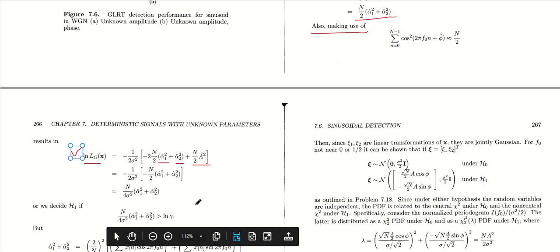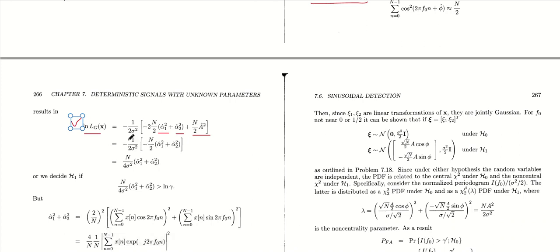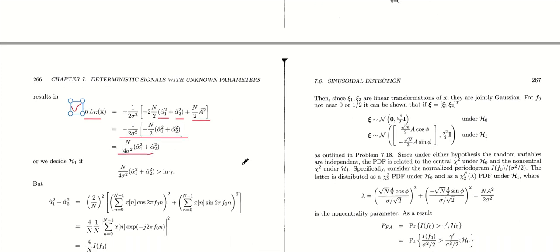And then you continue on with that. You get like this, and then you get that. Okay. And then how come that A squared disappears? Because it's irrelevant in terms of calculating the maximum of this likelihood.